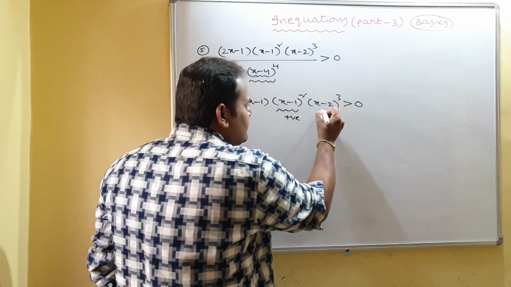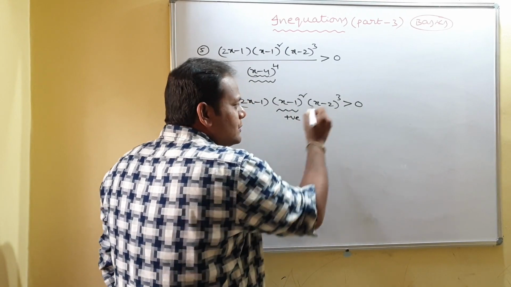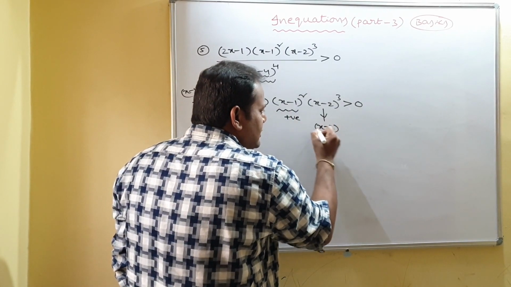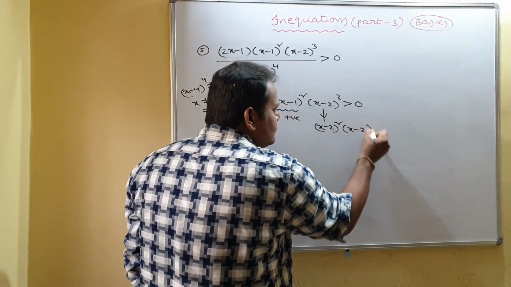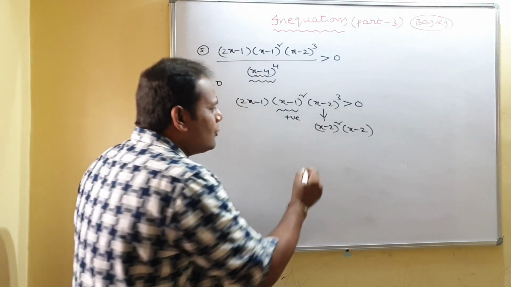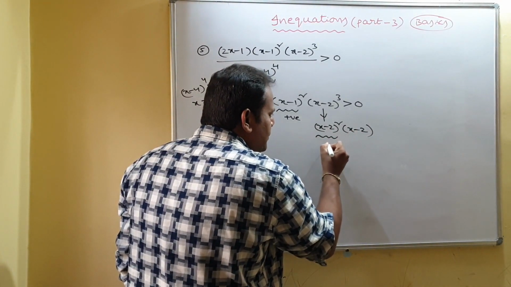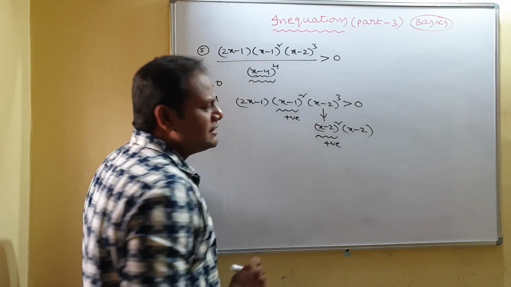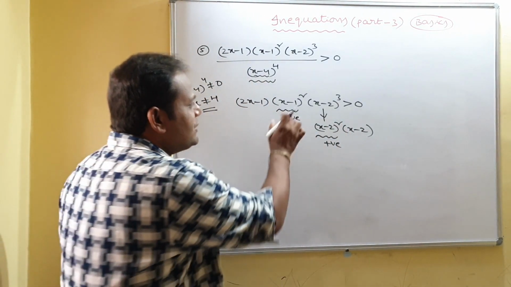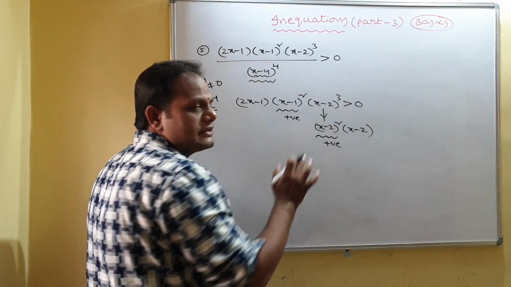Here you observe x minus 2 whole cube. Can I take it as x minus 2 whole square into x minus 2? Yes. Now you can tell, is it positive or negative? Yes, it is also positive. So shift these two terms to the right hand side.